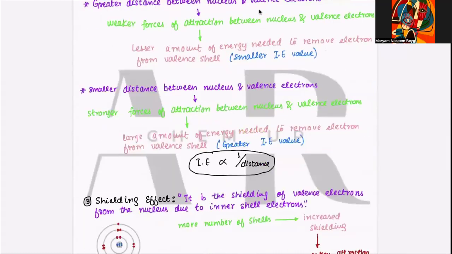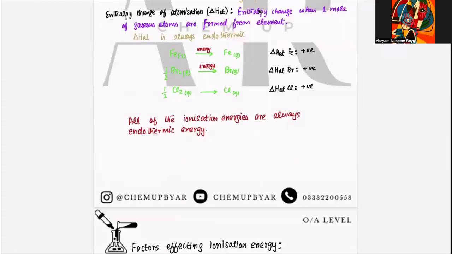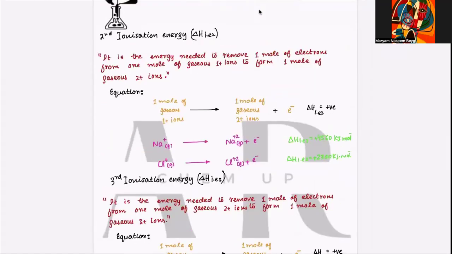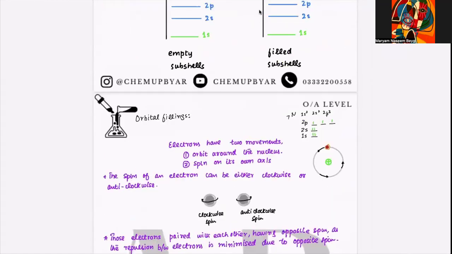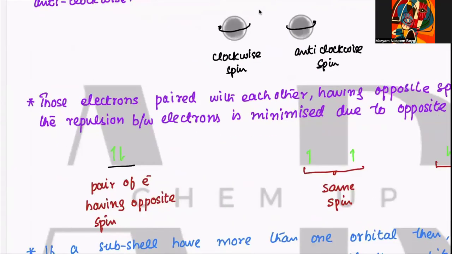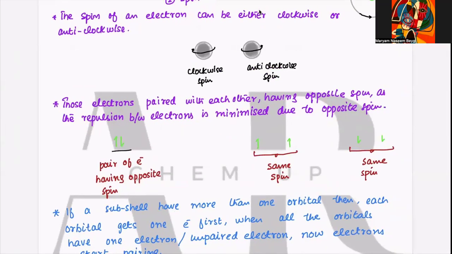We can say that their repulsion gets minimized. It doesn't mean that they have no repulsion. They do have a repulsion, but their repulsion is minimized. See, that's what we have discussed in the class, I think, last Thursday.